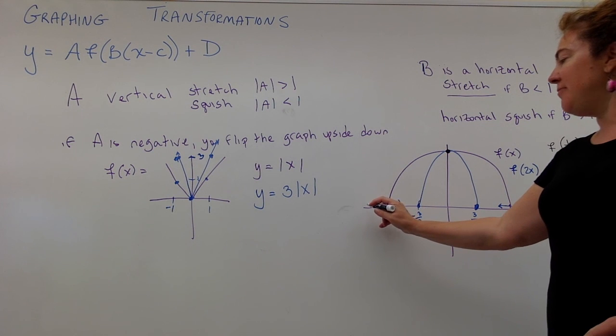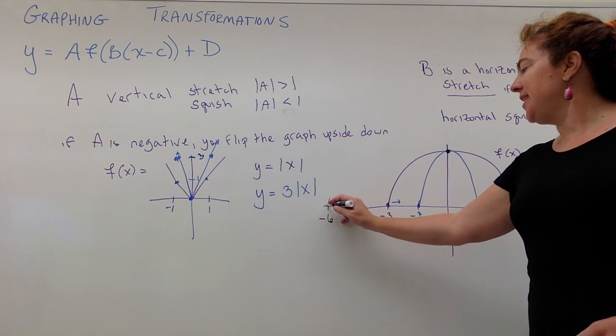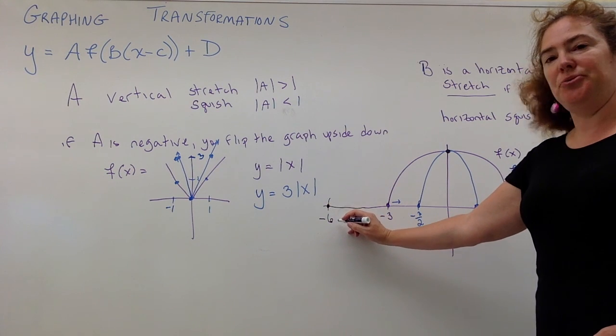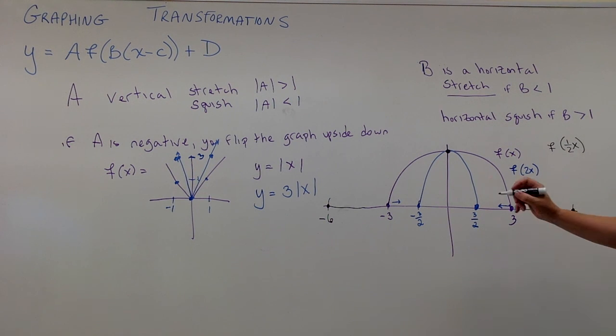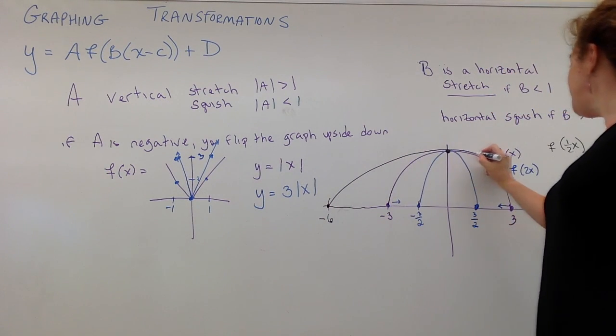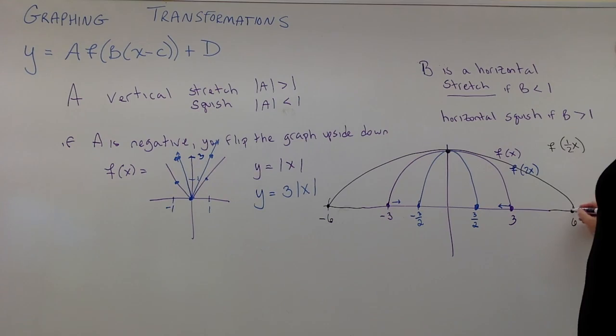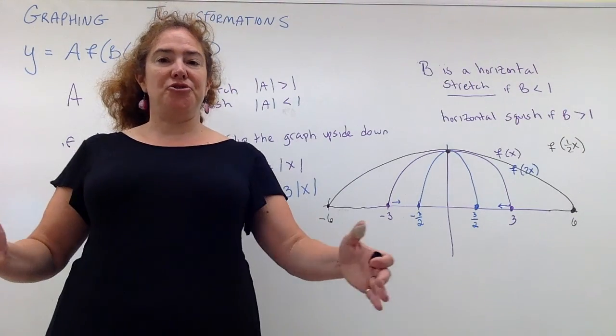But now instead of being negative 3, I'm going to be out here at negative 6. I'm multiplying it by 2. Instead of having an x value of 3 over here, I'm going to have an x value of 6. So now I have this stretched out shape, which is an ellipse in the other direction. And it's just taken the whole thing and stretched it.